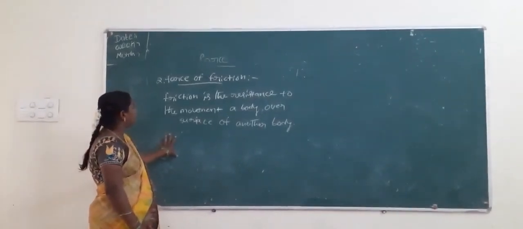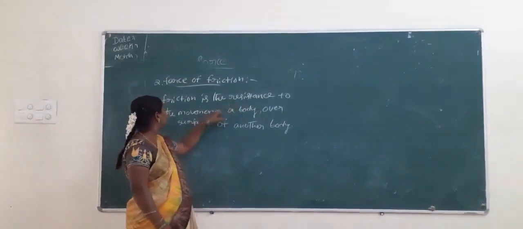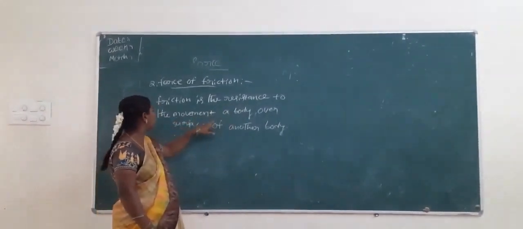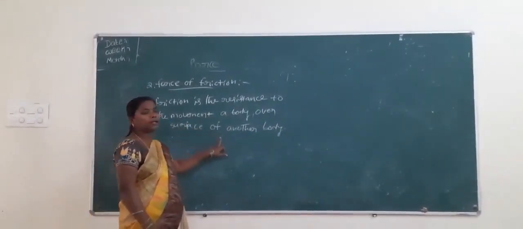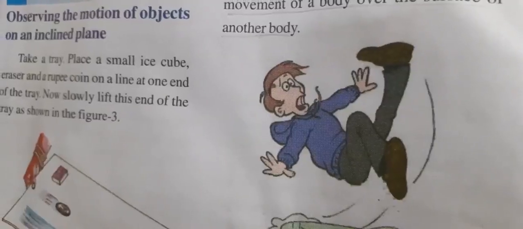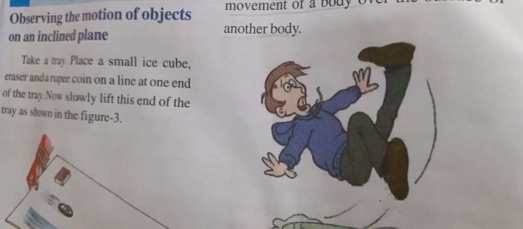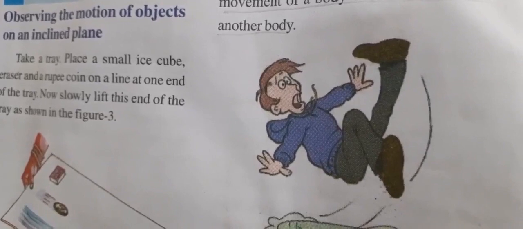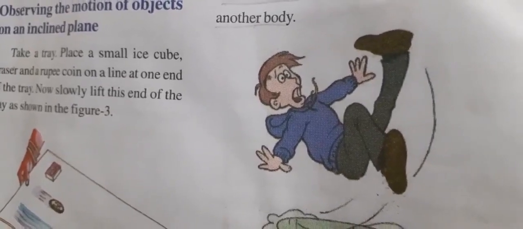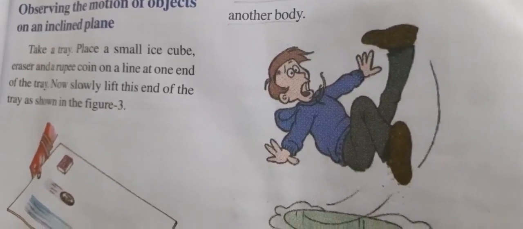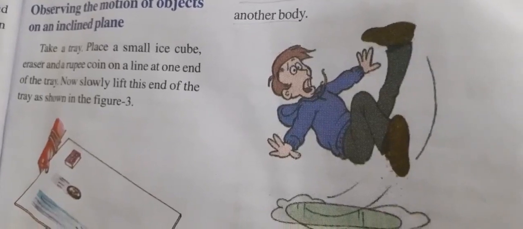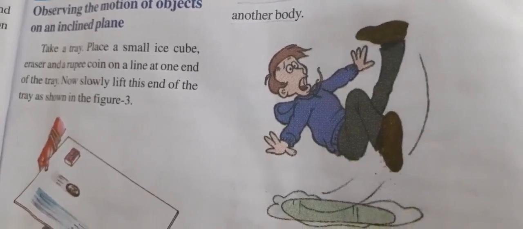Force of friction. Friction is the resistance to the movement of a body over the surface of another body. Did you ever experience slipping on a floor? What condition caused you to slip? Did you slip while walking on wet mud?